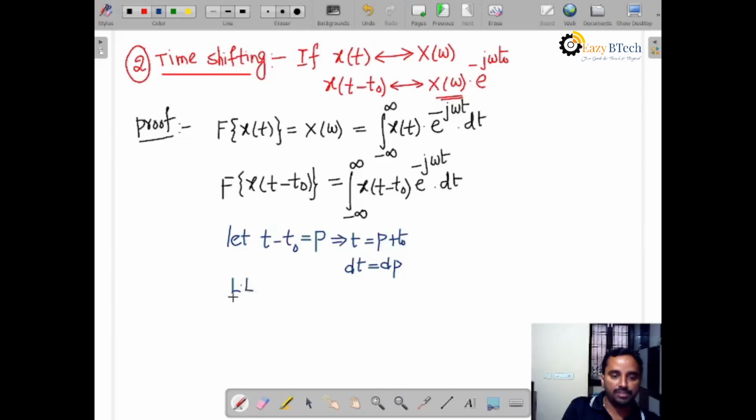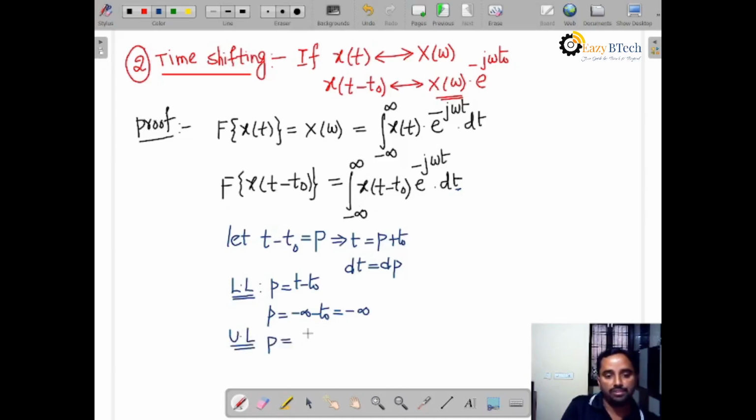The lower limit of t is minus infinity, so p is equal to minus infinity minus t naught. Minus infinity minus t naught will be minus infinity only, right?